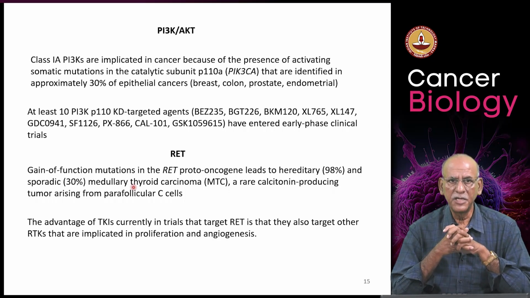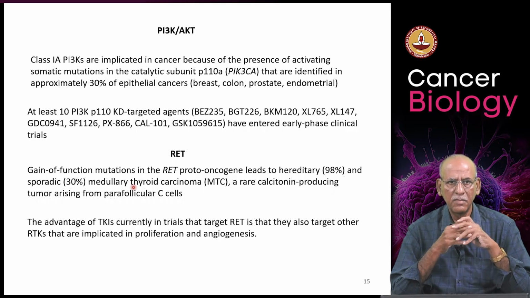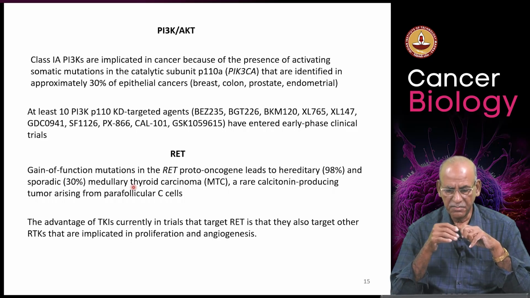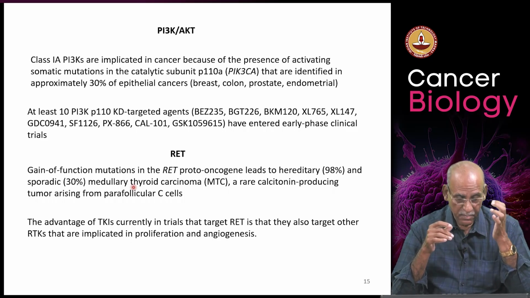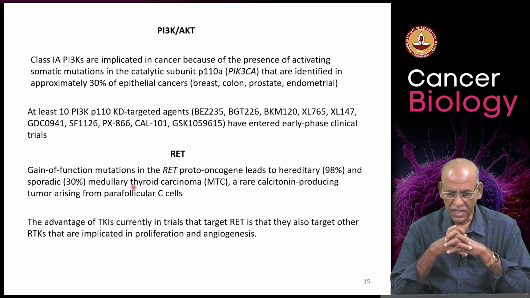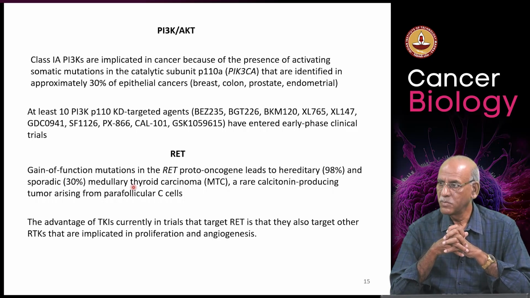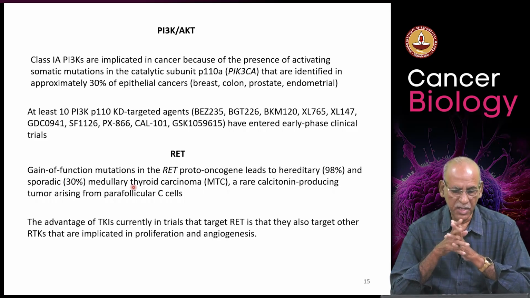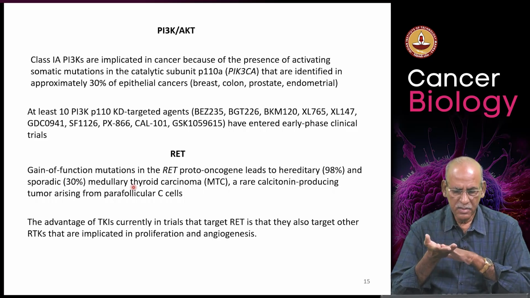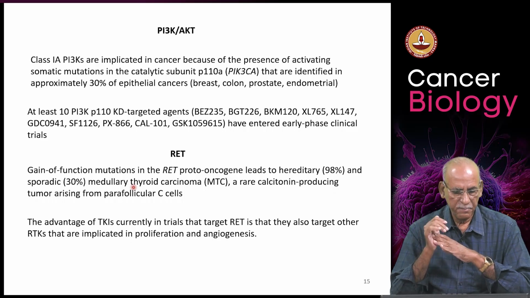There is another oncogene, RET. RET also may come under oncogene addiction sometimes, depends. But gain of function mutations in the RET proto-oncogene lead to hereditary and sporadic medullary thyroid carcinoma, a rare calcitonin producing tumor arising from the parafollicular C cells.